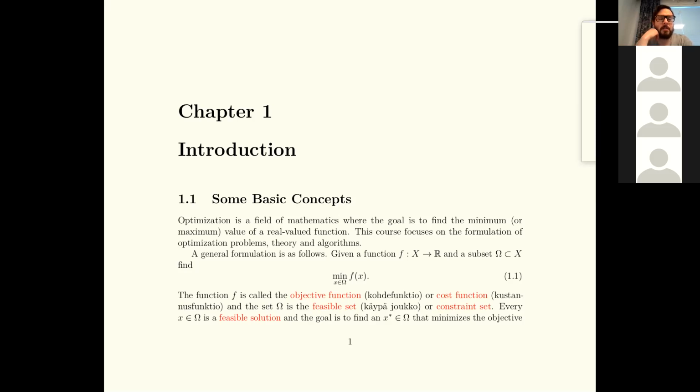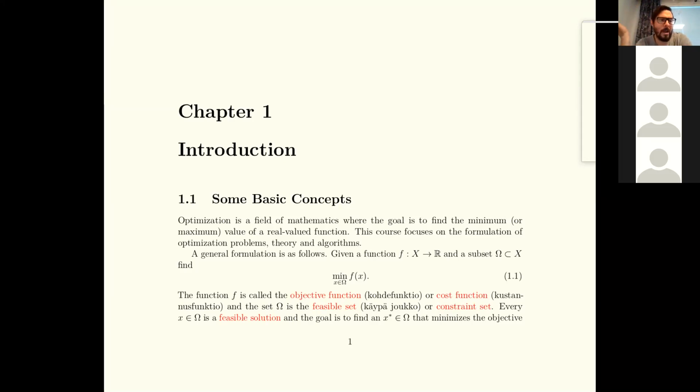So let me give an example. Let X be, for instance, all the possible driving routes from your home to the university, and you need to find the fastest way of getting to the university. So each x is now some route: you go through there, you go through another route.